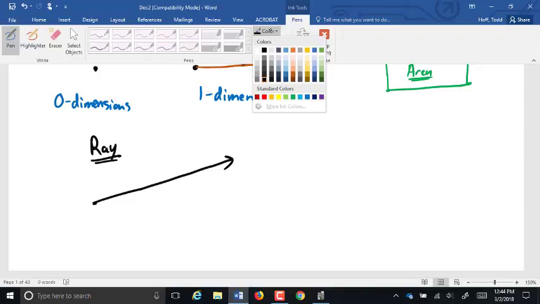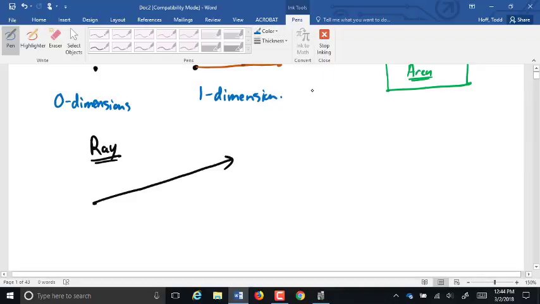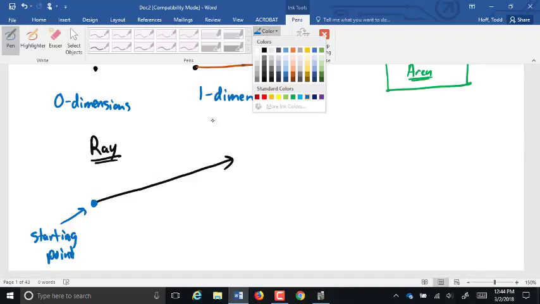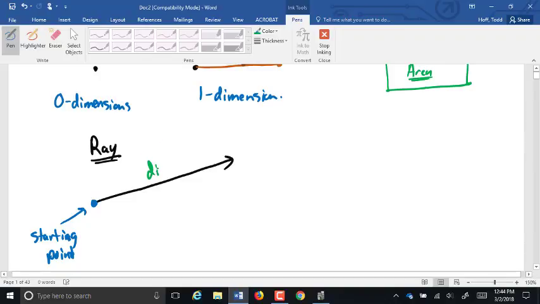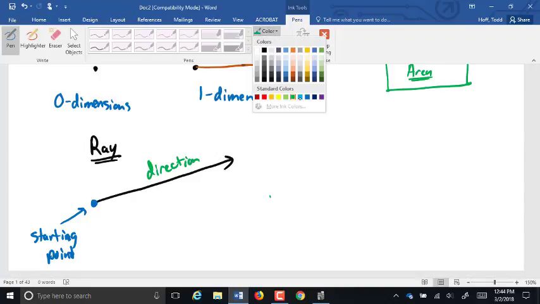A ray is completely defined by 2 things. 1, that starting point. And 2, the direction that it goes. So let's define that direction just a little bit.